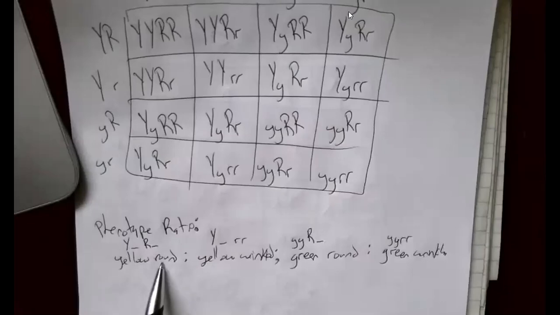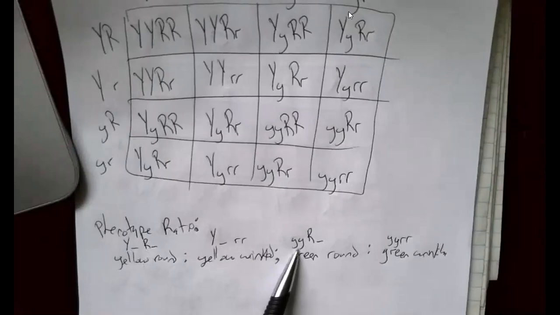So yellow and round is anything with a capital Y and a capital R. For yellow and wrinkled, I need a capital Y and 2 lowercase r's. For green and round, I need 2 lowercase y's and a capital R. And for green and wrinkled, I need all 4 of my alleles to be lowercase.